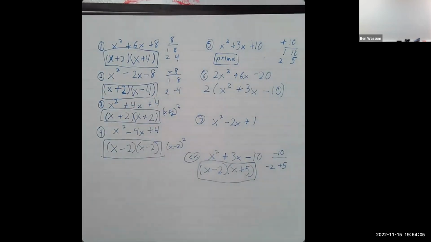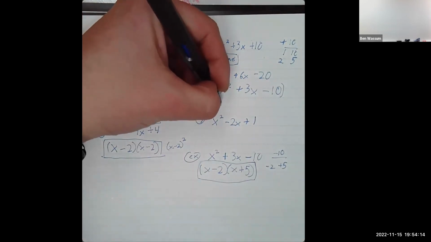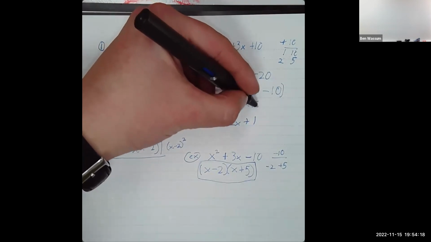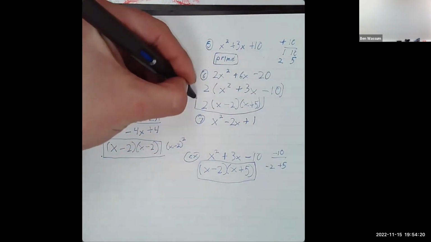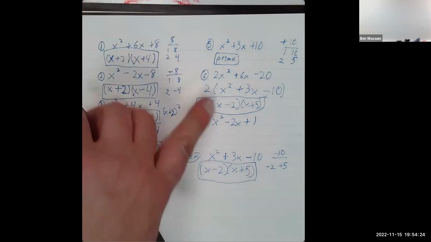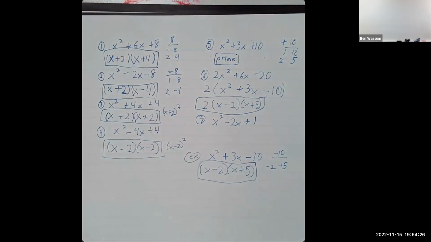I wrote this a week and a half ago, guys. Don't judge me. So this one still factors to x minus 2 and x plus 5. But there was a common factor of 2. See, I did a little bit more on that one.